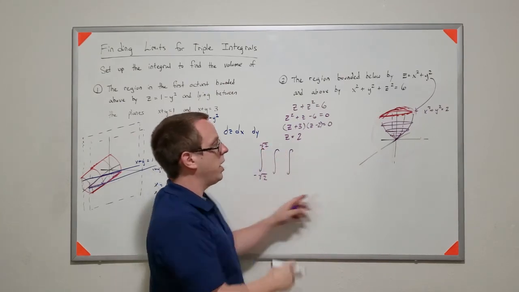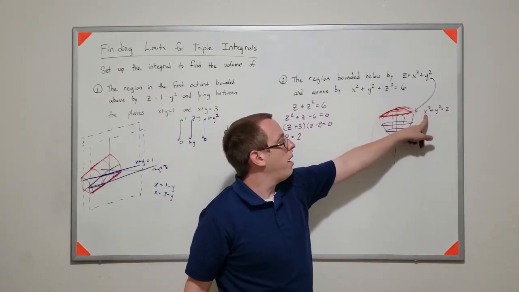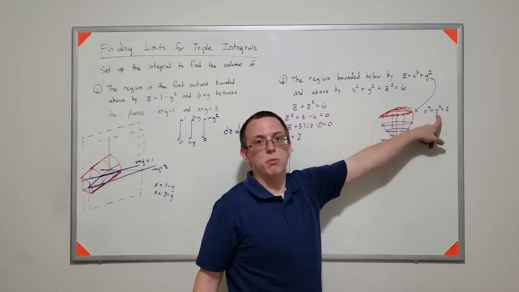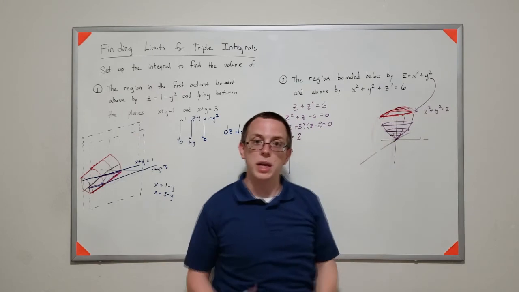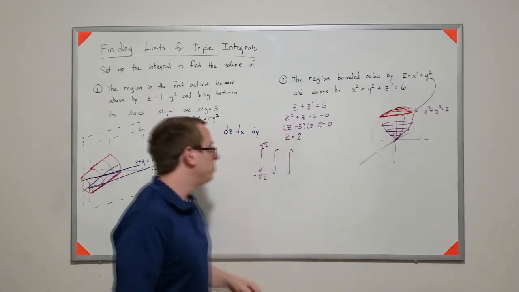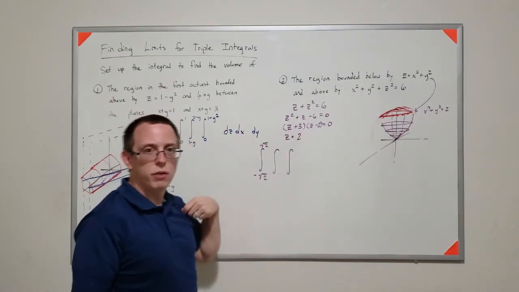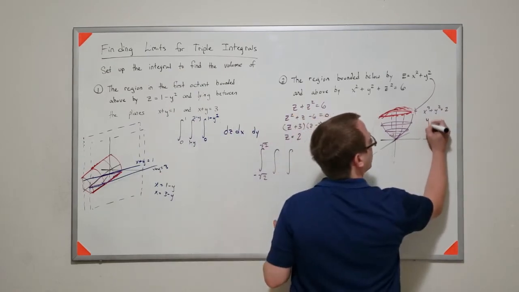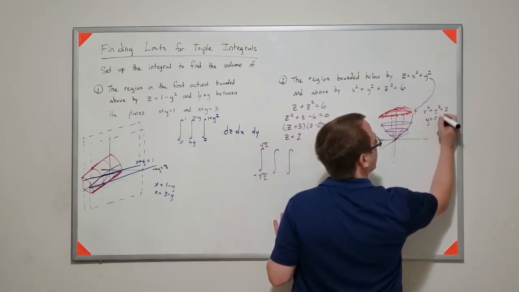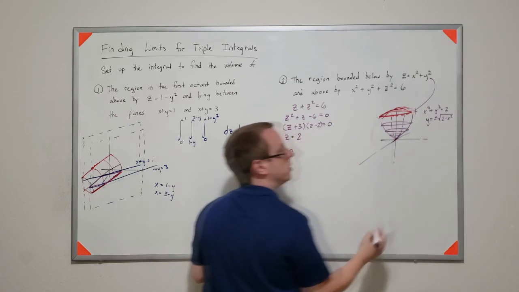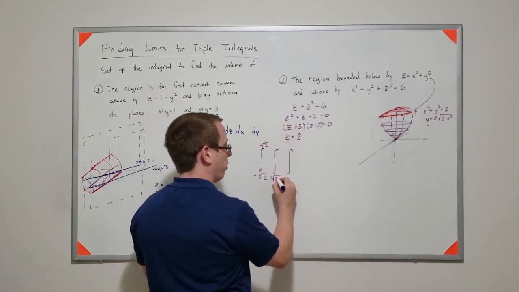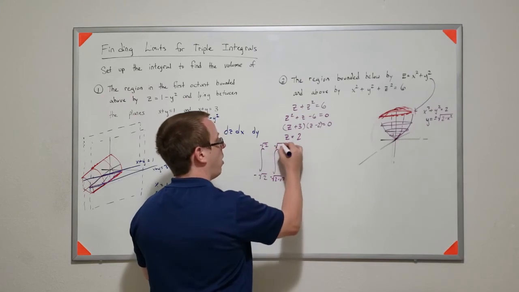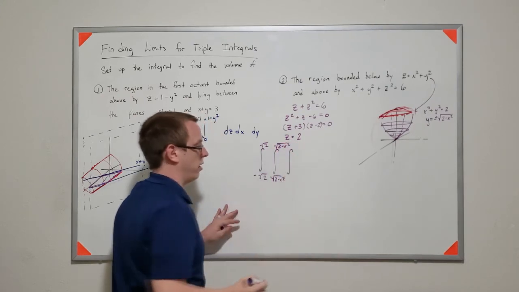Right? Because if this was negative square root of 3, I would have 3 plus something non-negative equal to 2, and that's impossible. So we have this piece. Then if we solve it, y is plus or minus the square root of, so I have the negative square root of 2 minus x squared and the positive square root of 2 minus x squared here.